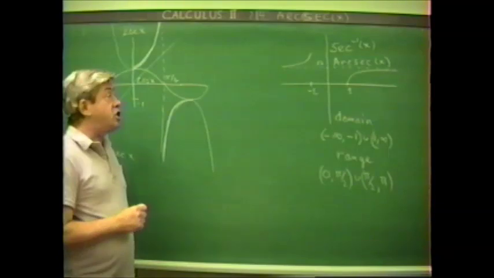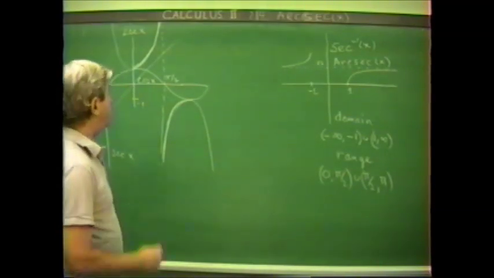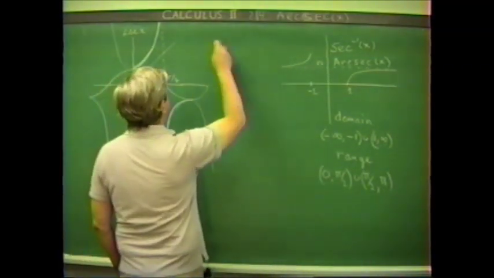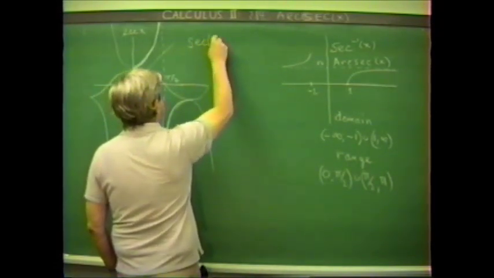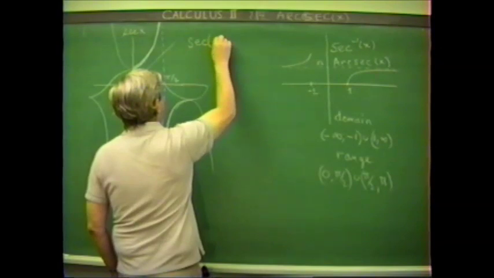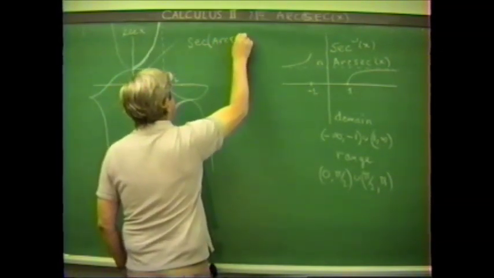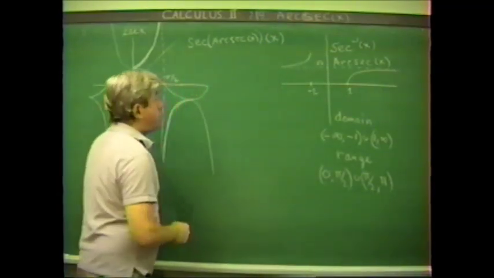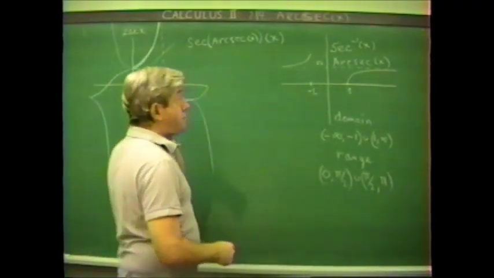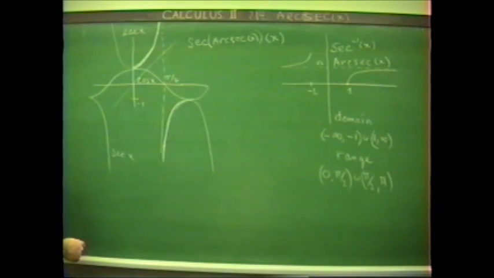All right, the derivative of this is sometimes used, or sometimes occurs. So we want the derivative of the secant inverse, and for that purpose, again, let's look at the secant of arcsecant of x. And this, of course, gives you x back, right? Providing you take x in the domain of the arcsecant.